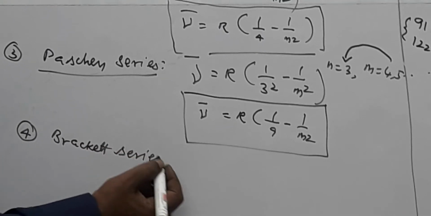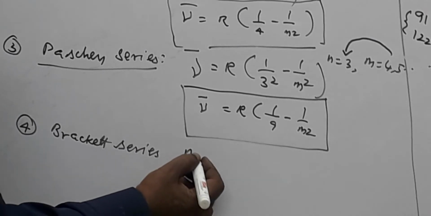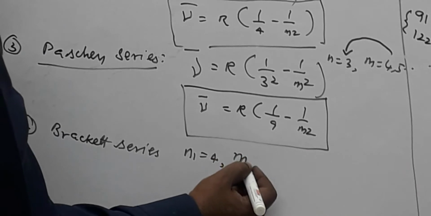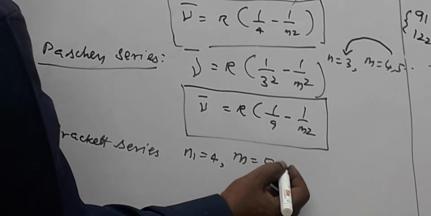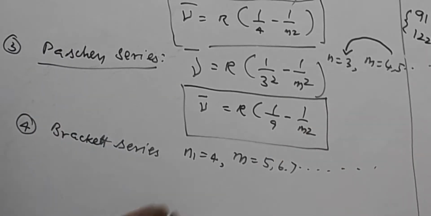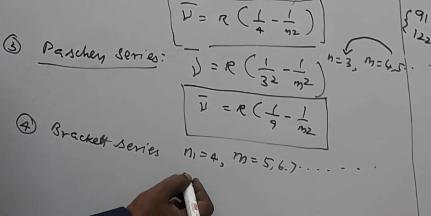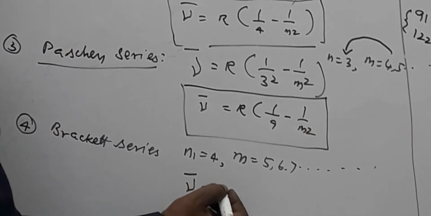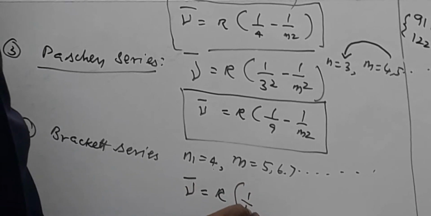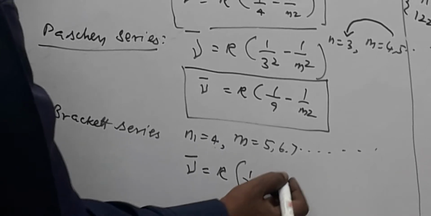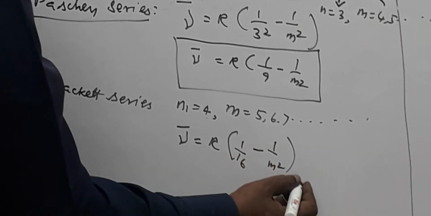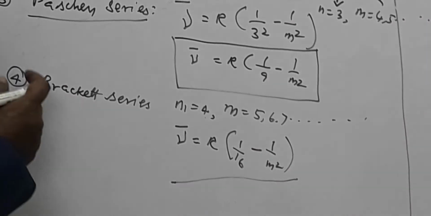It is nothing but n equal to 4, m equal to 5, 6, 7, and so on. So we can write the equation nu bar equal to R into 1 by 4 square, which is 1 by 16, minus 1 by m square. And this is the equation for the Brackett series.